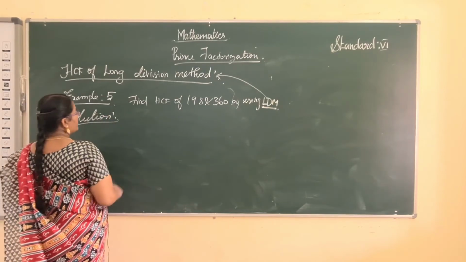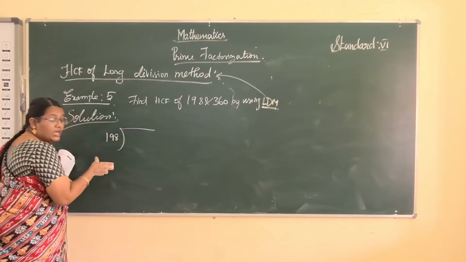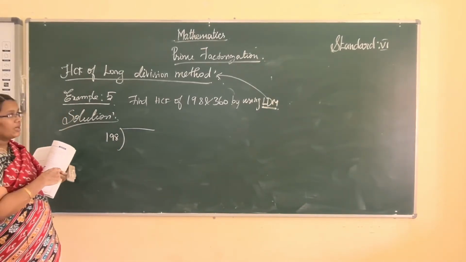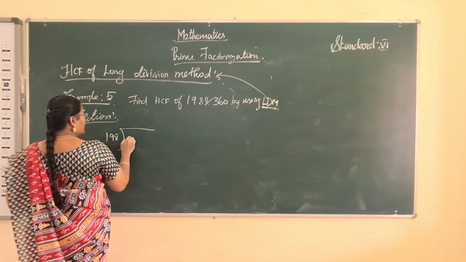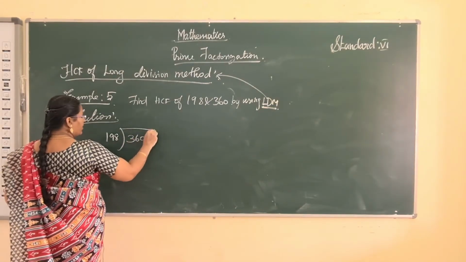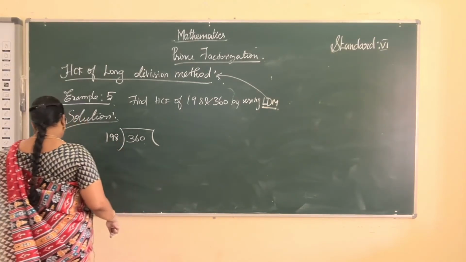So what is the smallest number? 198 is the smallest number, so that is considered the divisor. The highest value is considered the dividend. Now divide this. How many times is it possible? 198 goes one time.